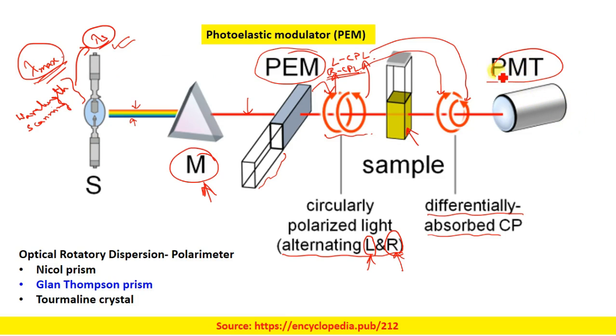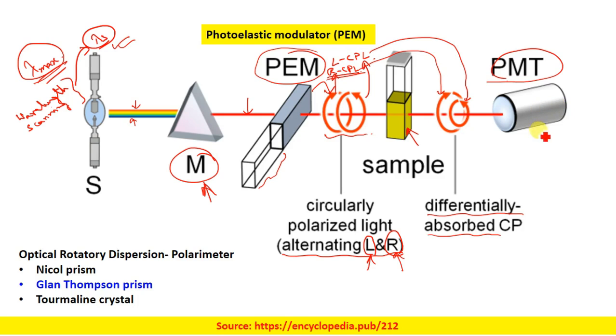In addition, this PMT will amplify the signal. Your electronic circuitry will have the information about when the photoelastic modulator is generating the left circularly polarized light.